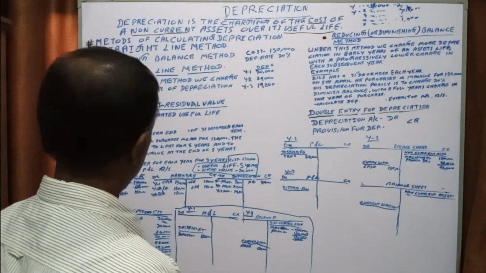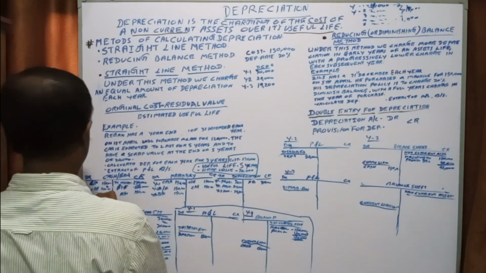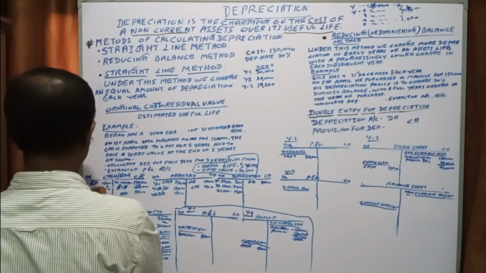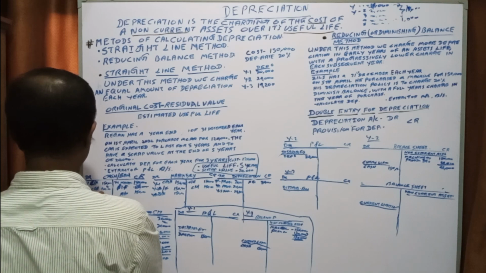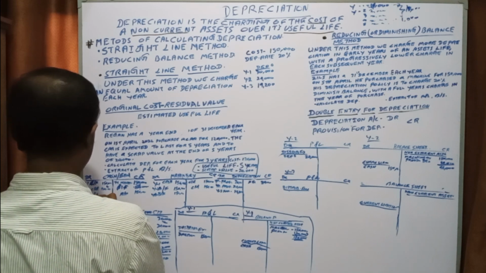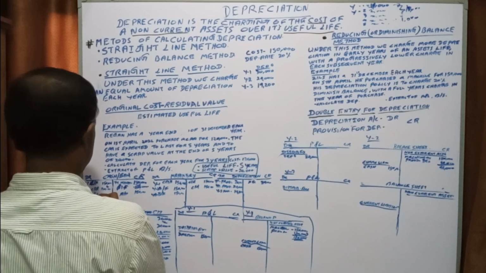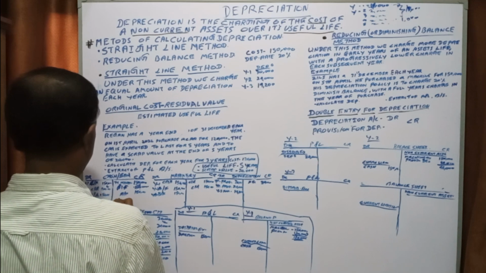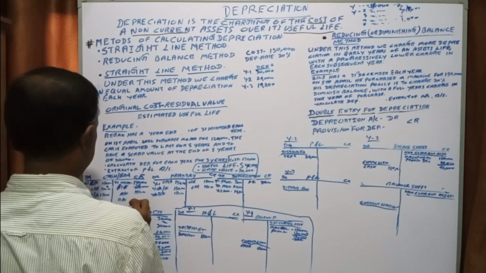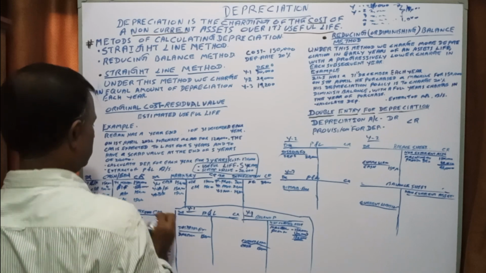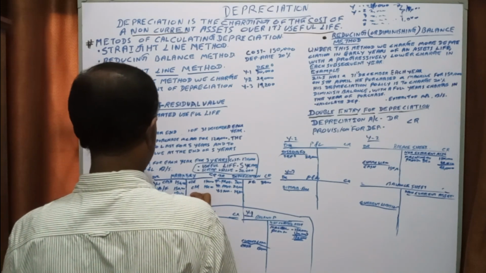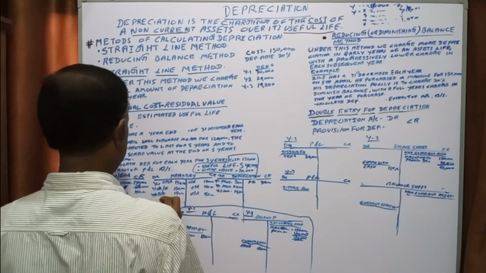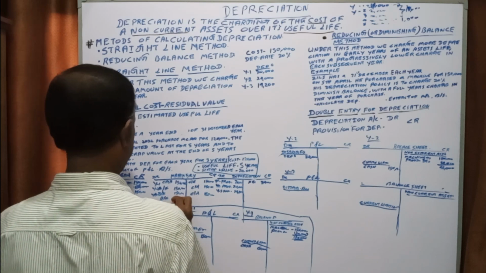So we had balance here also. Carried down year 1, year 2, year 3. Carried down balance is 150. Here brought forward 150. Here carried down 150,000, brought forward 150,000.